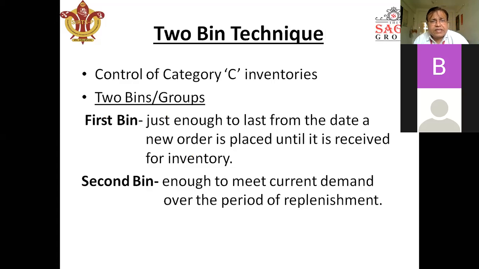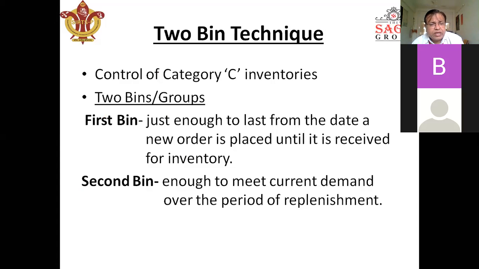Now, two-bin technique. The two-bin technique is used to control category C inventories. In these two bins or groups, the first bin is just enough to last from the date a new order is placed until it is received. So if you are giving a reorder, you must keep in mind whatever stock is present in your pharmacy or medical store.